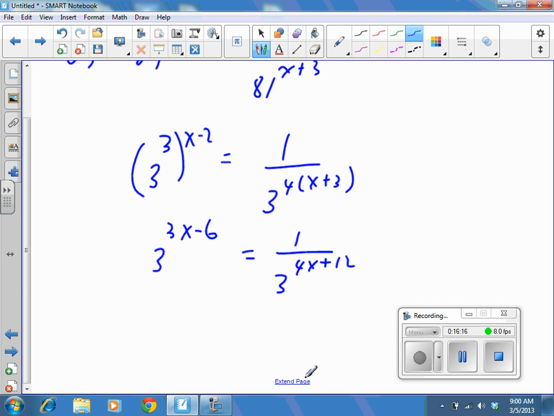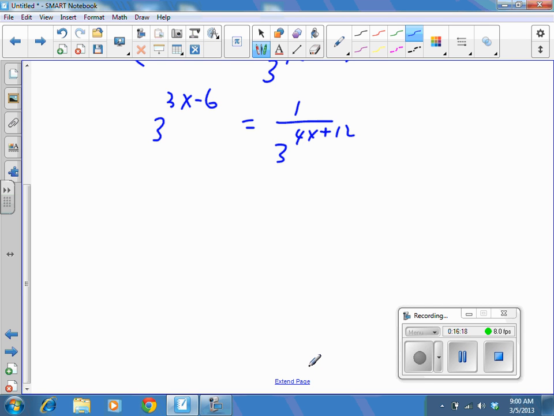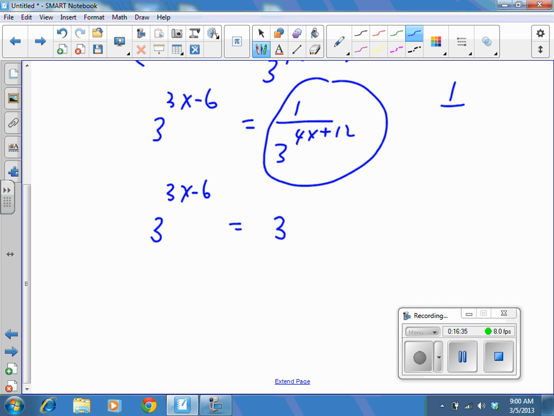So it's fairly straightforward up to here. Now what do I have to do? Well, I have to write this in a different way, as a power of 3. That's right. 1 over b to the n equals b to the negative n. I want to write this power, so it's negative 4x minus 12.